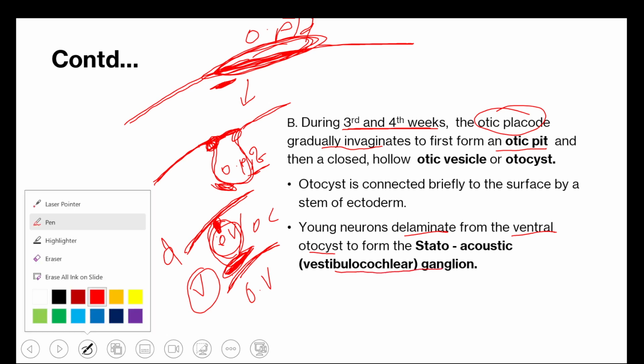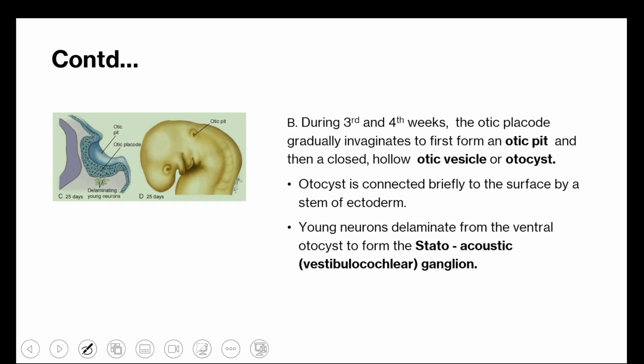All these things happen during the third and fourth week. You can see the otic pit formation, the cells of the otic placode, and the delaminating young neurons, which later form the vestibulocochlear ganglion.